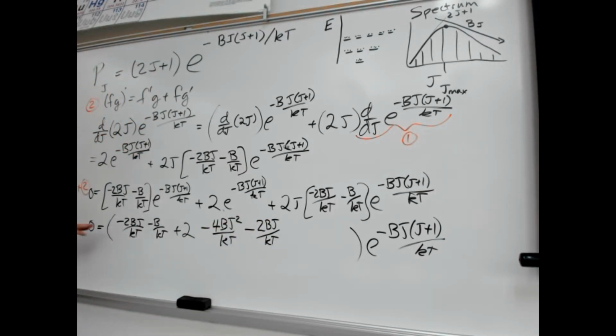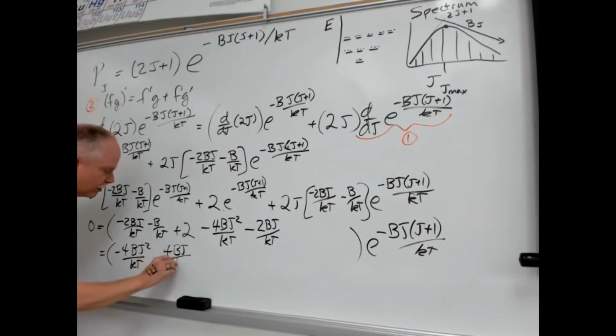All right. Now let's simplify some terms. We have just one quadratic piece, one j squared piece, and a couple of j pieces. So let's write this one up front: minus 4bj squared over kt, minus 4bj over kt, and then plus 2.